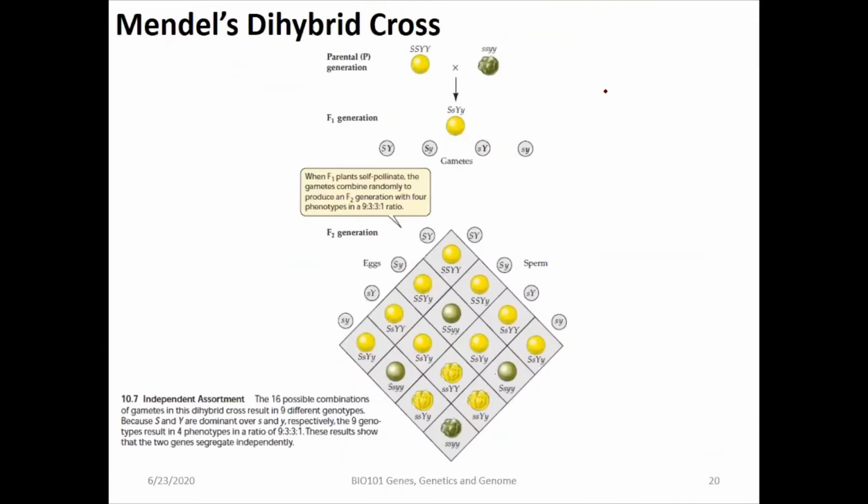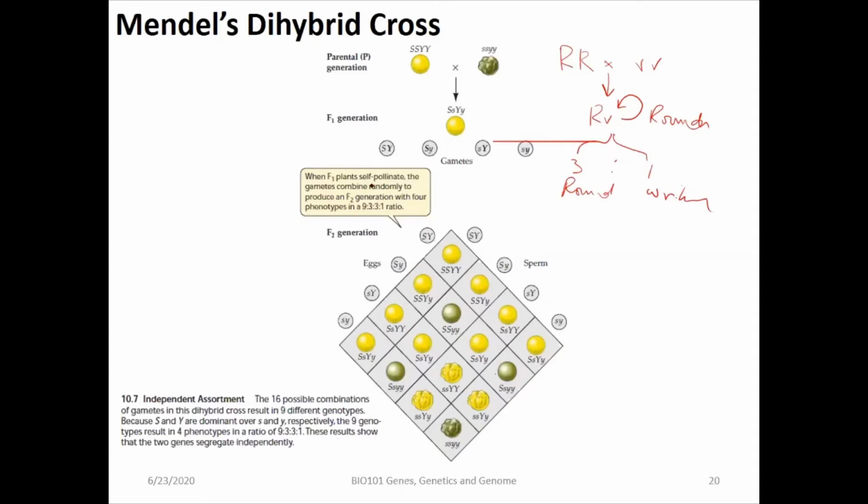He said, okay, I know that whenever I do a monohybrid cross, round with wrinkled, F1 is all round. And when I self-cross F1, I get a 3:1 ratio, round versus wrinkled.